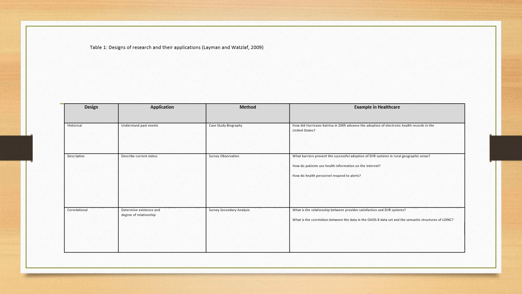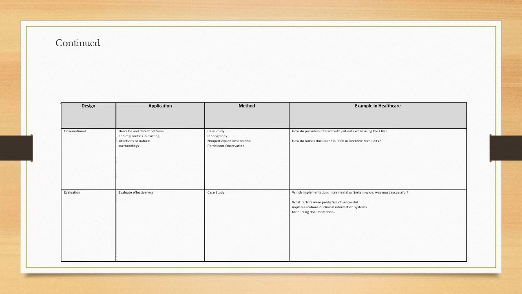Okay, so it also gives a design about observational design, ethnography study, and the application of this study is to describe and detect patterns and regularities in existing situations or natural surroundings.